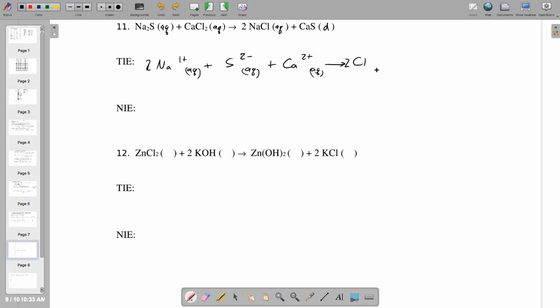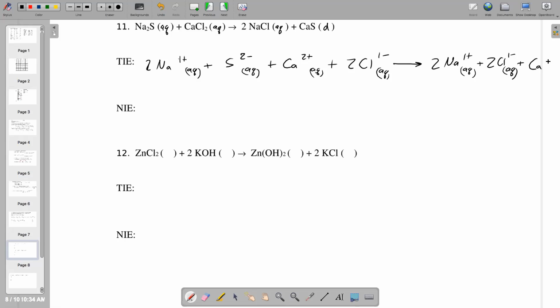I didn't mean to put an arrow there. Plus 2 chlorines, 1 minus. Makes 2 sodium chlorides, so that's going to be 2 sodiums and 2 chlorines. So if it says anything except aq, you leave it like it is.